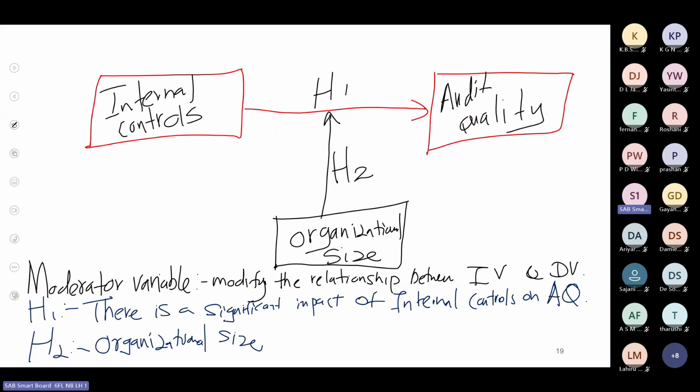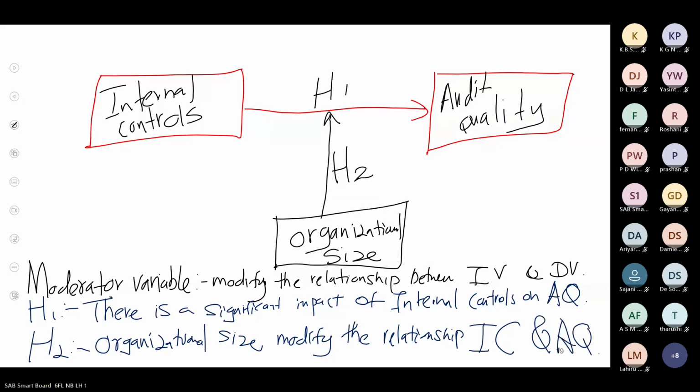Sorry, mediate or modify? Modify. Organizational size modifies the relationship between IC, internal controls, and AQ, audit quality. Very good.